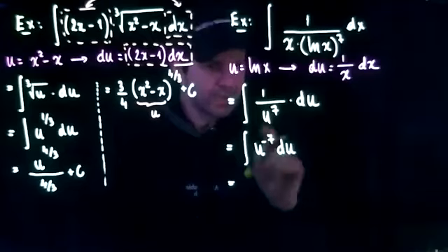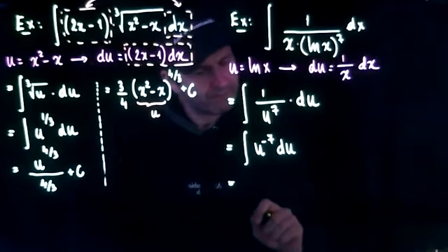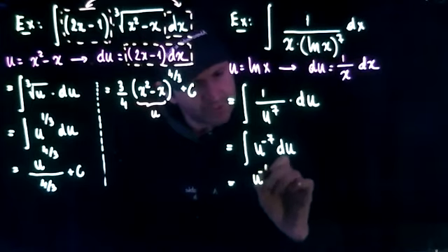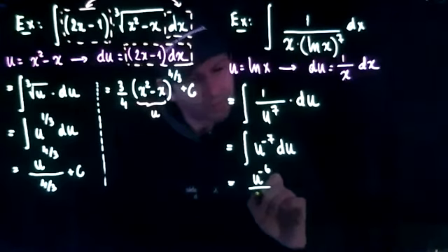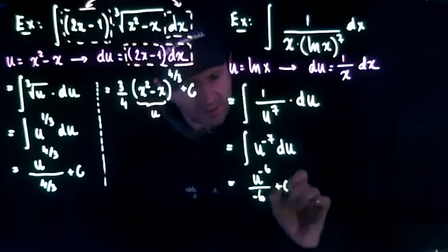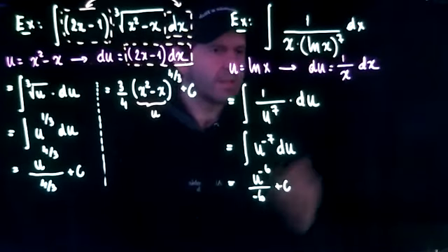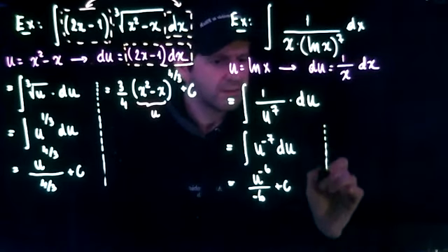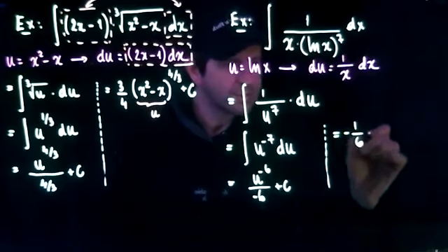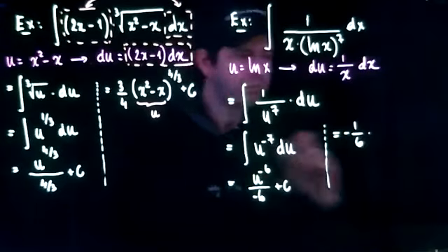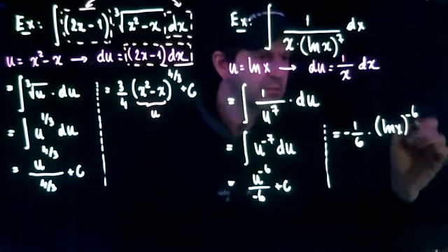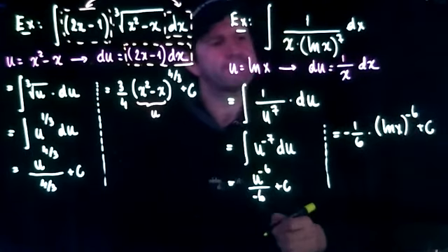So u to the -7 is what? U to the -6 over 6. Very nice. U to the -6 over what? Over -6, plus c. And then that's equal to -1 over 6 times u to the -6, which means ln x to the -6, plus c.